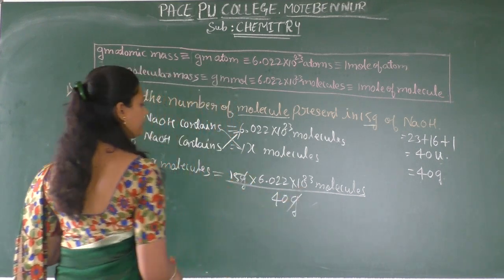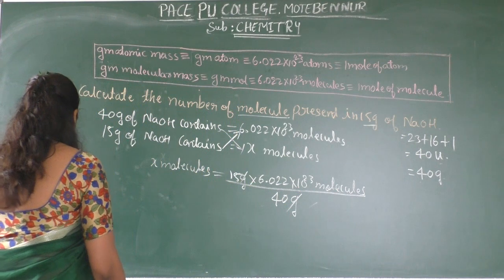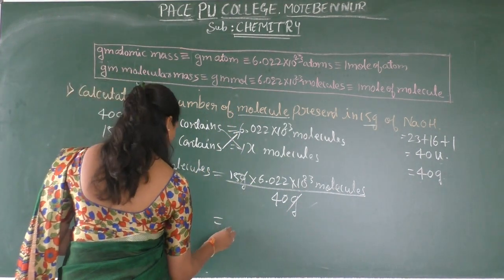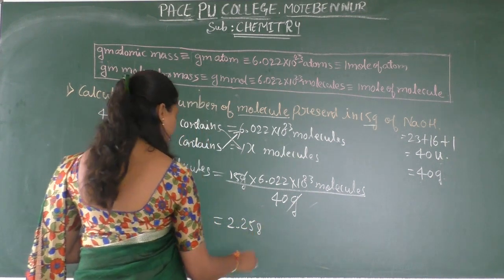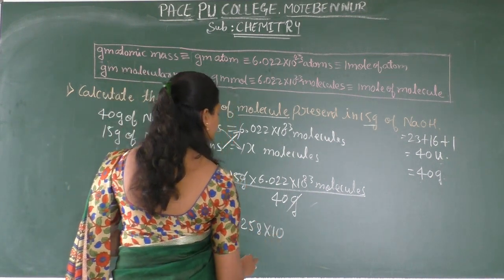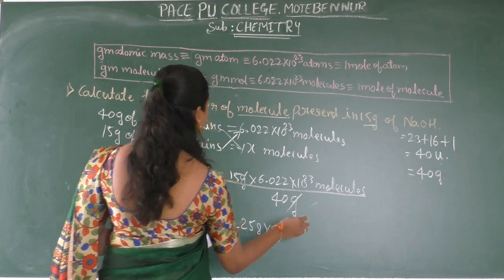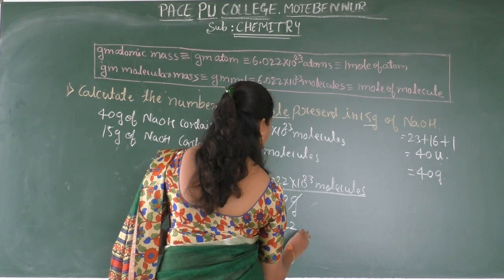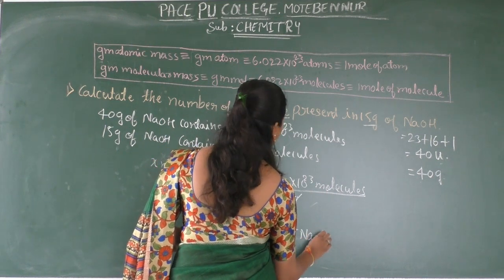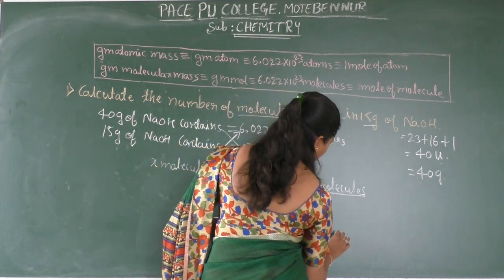So here gram will get cancelled. So here the answer is 2.258 into 10 raised to 22 molecules, 10 raised to 22 NaOH sodium hydroxide molecules.